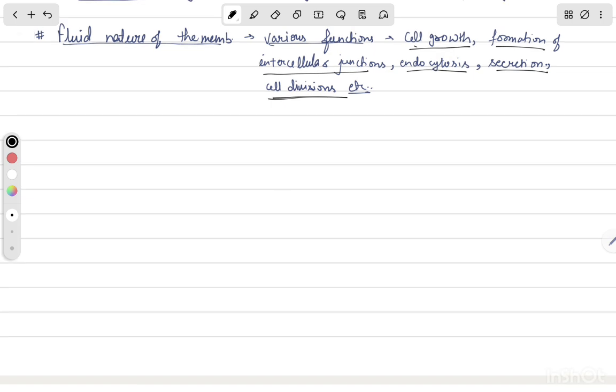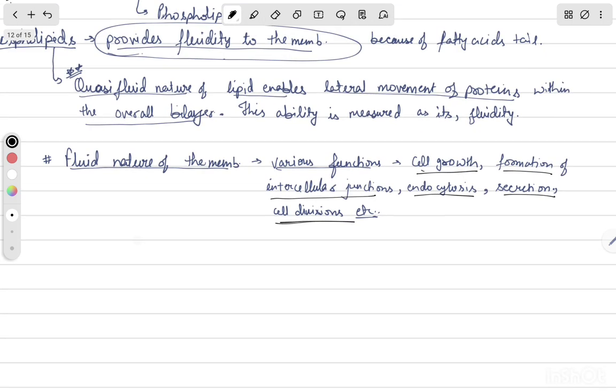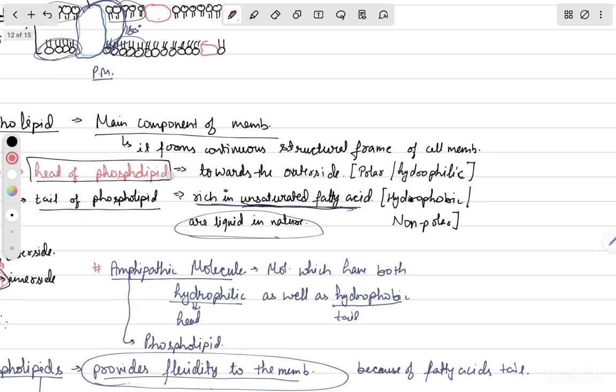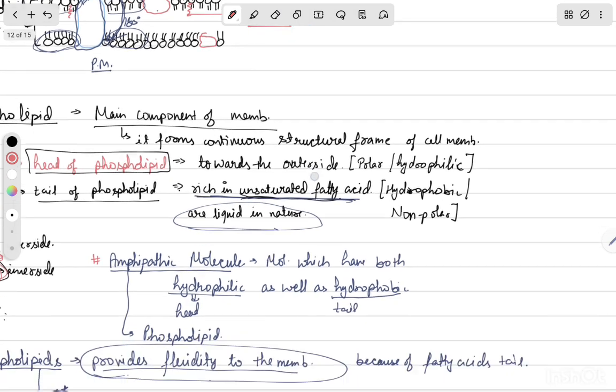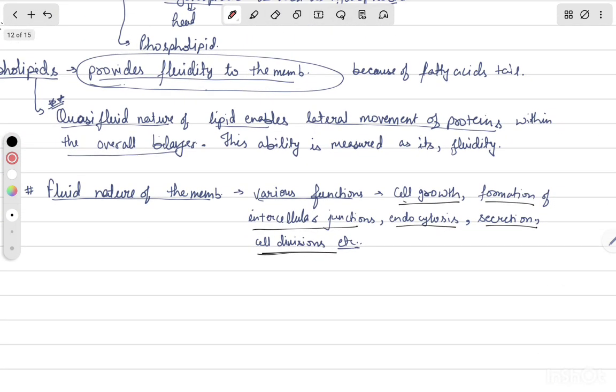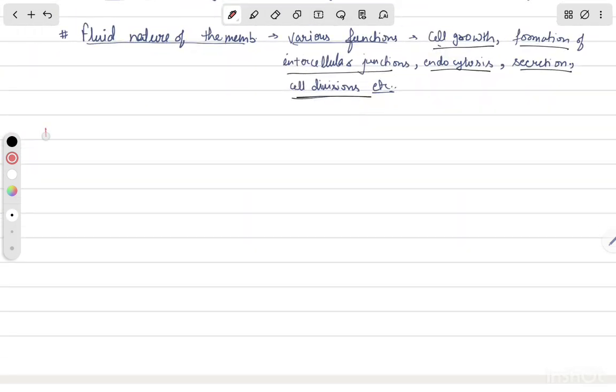Next, if we are talking about lipid, there are minute structures present in between the lipids. These are the structures. These structures are known as cholesterol particles. Now, why are cholesterol particles present? Cholesterol particles provide stability.